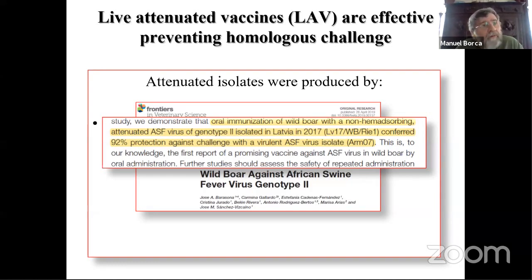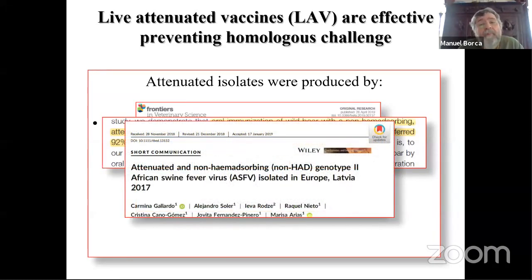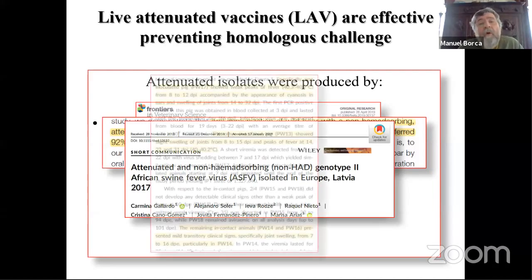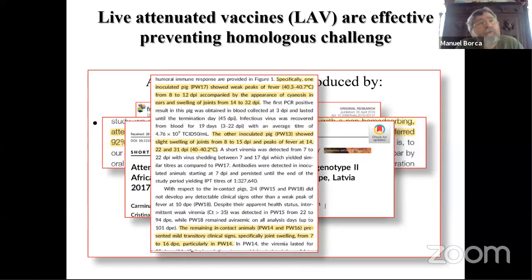And with these results, the authors proposed that this could be a vaccine that can be used in wild boar. But there is also a paper that has been published by the same group where they inoculate this virus into domestic pigs.